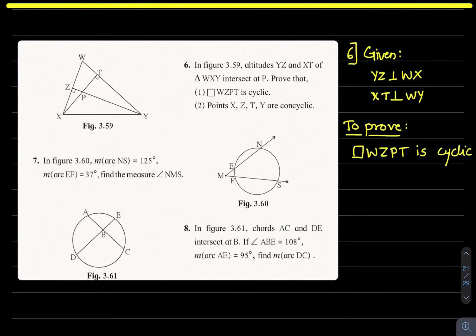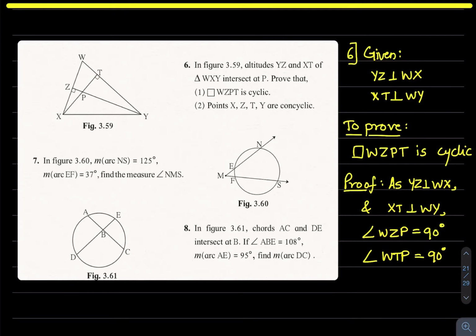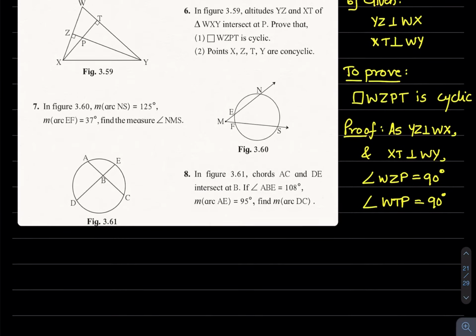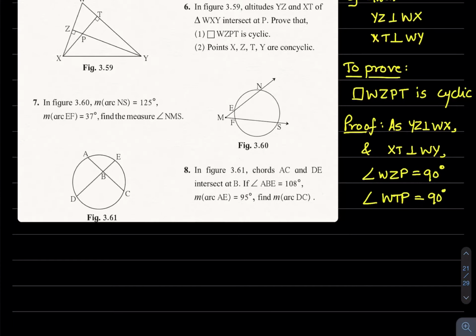So proof: as YZ is perpendicular to WX, we get angle PZW is 90 degrees. And also PT is perpendicular to WY, so angle PTW, or WTP, will also be 90 degrees. So by adding, you will get 180.